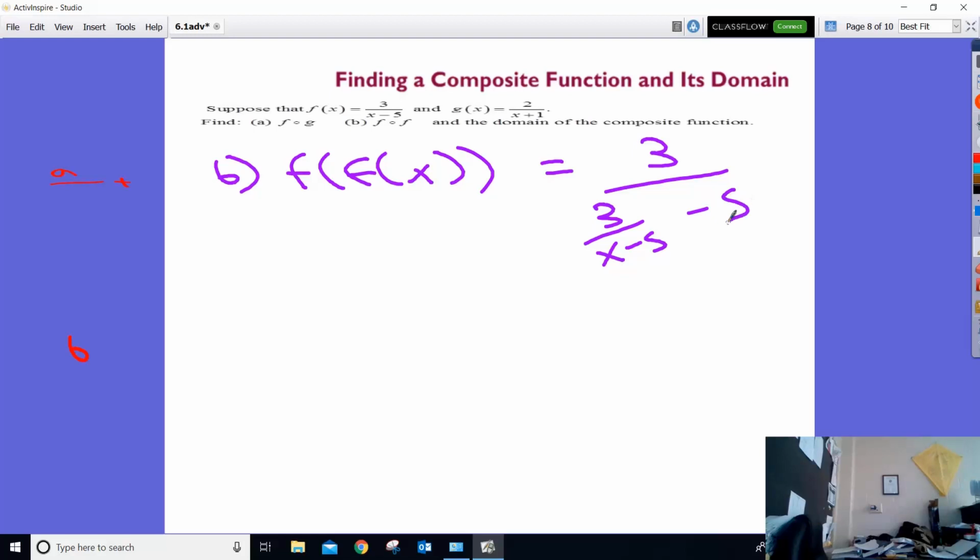Now, if you didn't like that whole adding of fractions, there's another way to do this. I taught this to you in Algebra 2. This is what we call a nested fraction. You can clean up a nested fraction real quick by multiplying by the LCD. The least common denominator. What is the LCD?